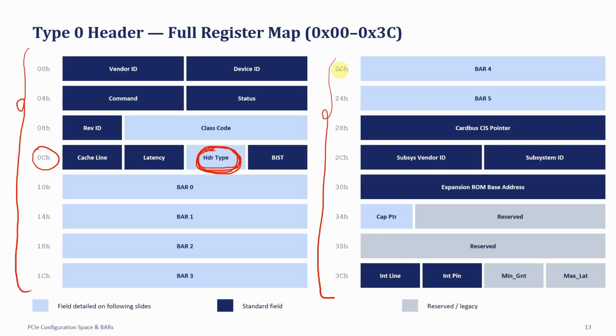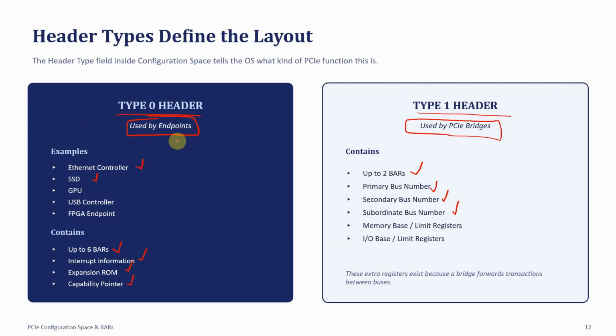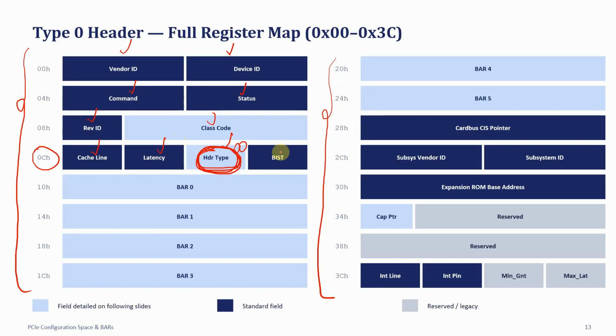So you can see over here, this is the example for a type 0 header, where I'm going to have vendor ID, device ID, command, status, revision ID, class code, cache line, latency, and header type. If header type is equal to 00, then it is a type 0 header. BIST is nothing but built-in self-test, and I'm going to have a total of 6 BARs over here and different kinds of registers.